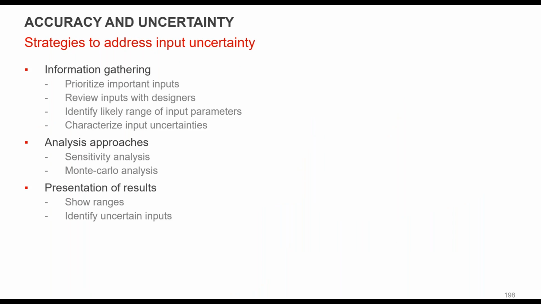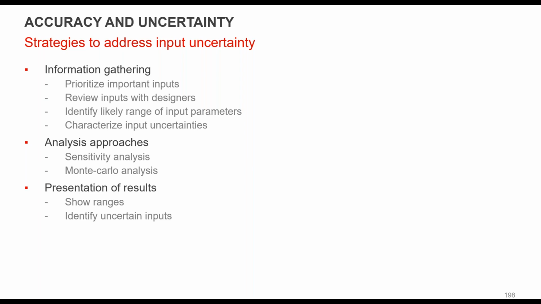So one of the strategies to deal with input uncertainty is to make sure you're prioritizing important inputs. If from your load analysis, windows and envelope are really important from the load aspect, then you really want to focus on making sure you've got accurate information there.